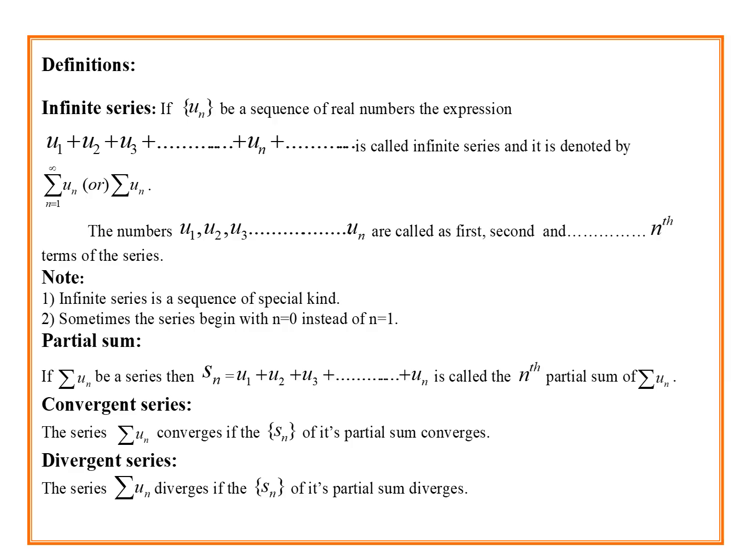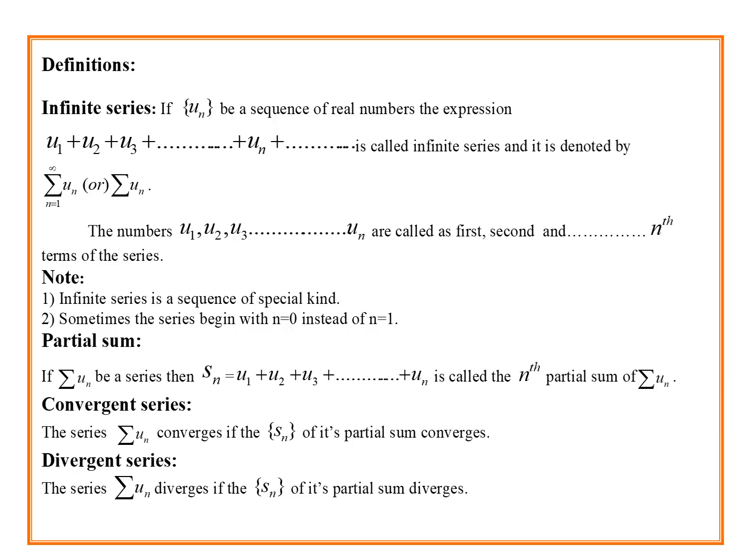The numbers u1, u2, u3 and so on are called the first, second and nth terms of the series. Next, note: an infinite series is a sequence of a special kind. Second, sometimes the series begins with n equal to 0 instead of n equal to 1.